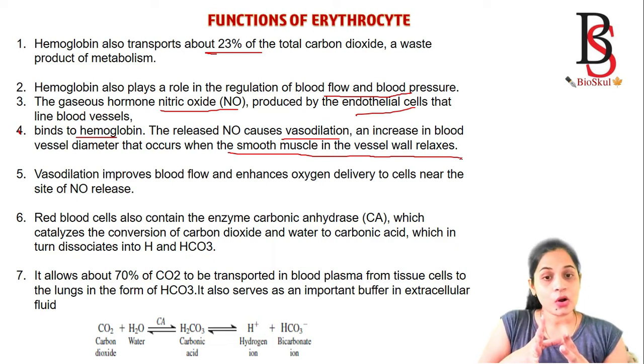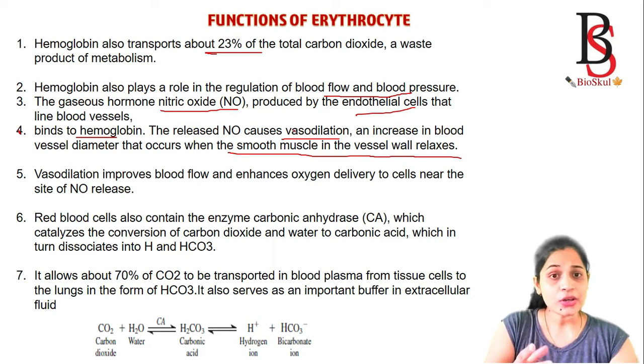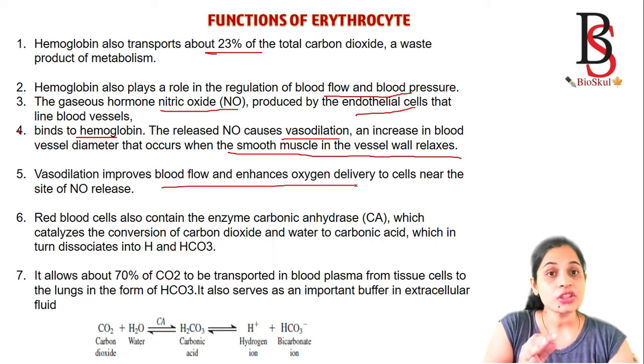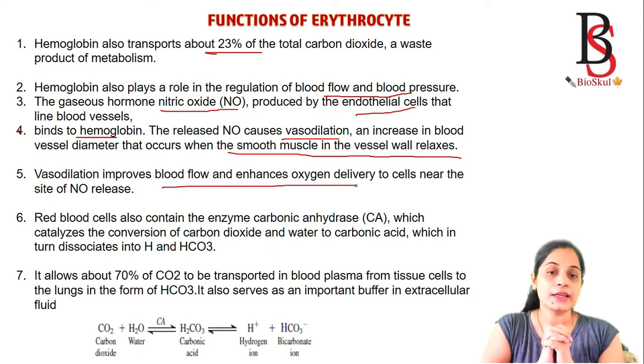So the nitric oxide helps in the vasodilation. Vasodilation improves the blood flow and enhances the oxygen delivery to the cells that are near the site of nitric oxide release.